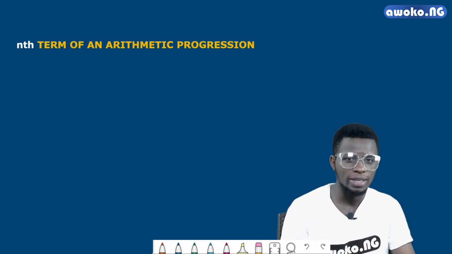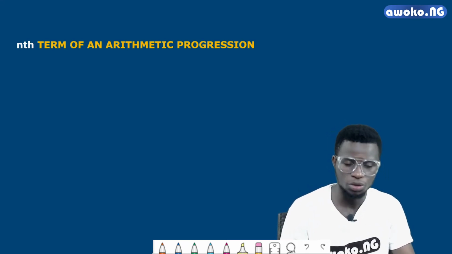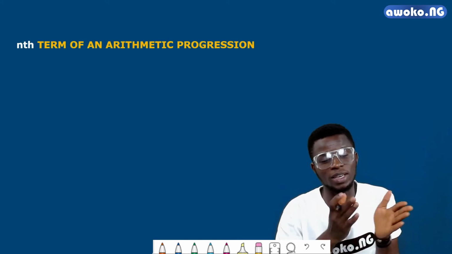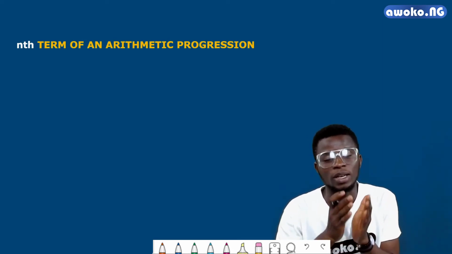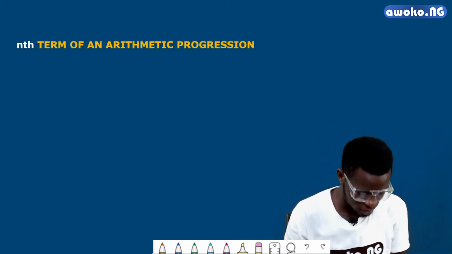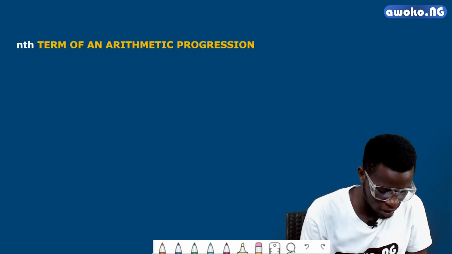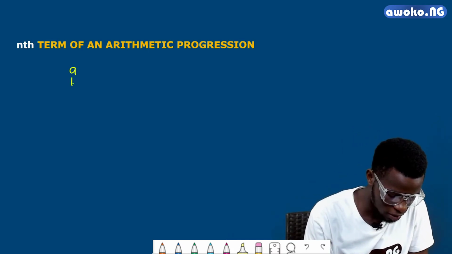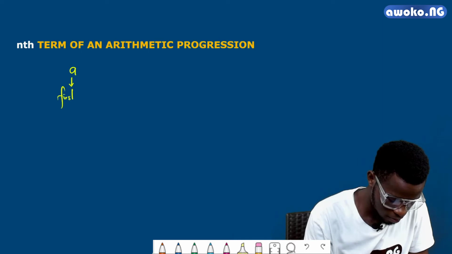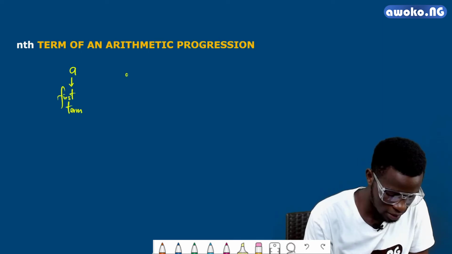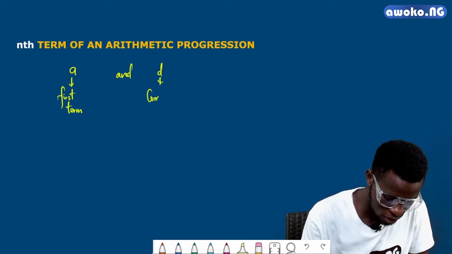Considering the nth term of an arithmetic progression, or in other words, the nth term of a linear sequence. Let us recall also that A is the first term and D the common difference.